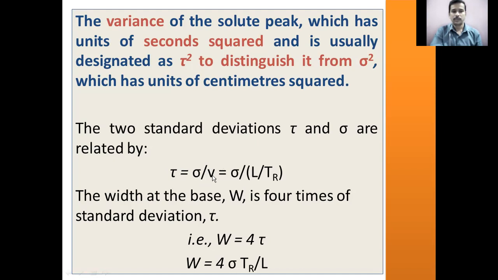Tau is equal to sigma by V, where V is the linear velocity of the solute moving through the chromatographic column. You know, V is equal to L by TR, you just substitute: sigma divided by L by TR will be equal to tau.